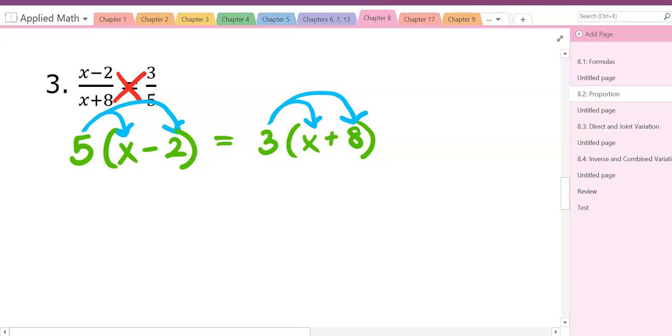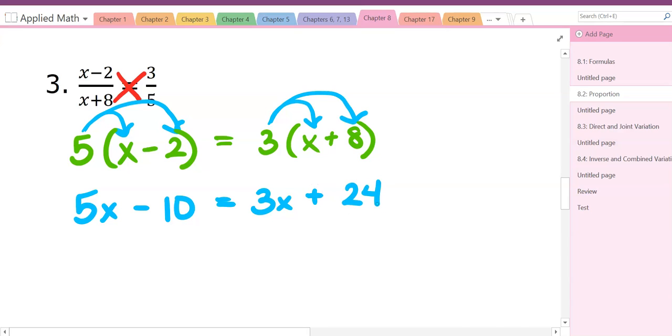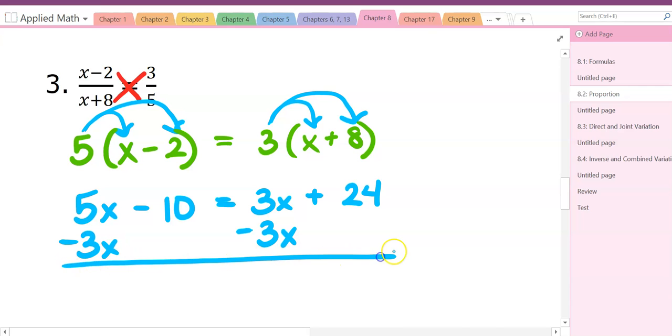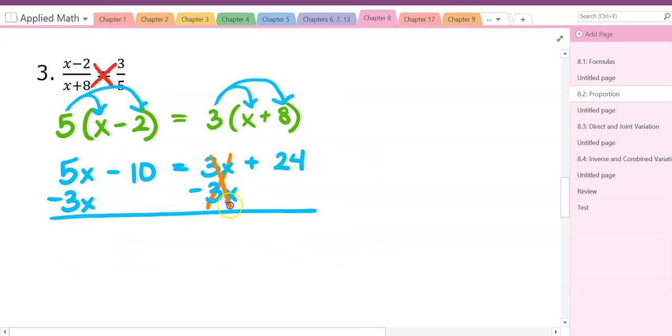So on the left side, after you distribute 5, what's it say? Five x minus 10. What does the right side say? Good, 3x plus 24. Now we have to get our x terms together and our numbers together. So what I would do is subtract 3x from the 5x. So you're going to have 5x minus 3x, which is 2x, minus 10 gets brought down, bring down your equal sign, bring down your 24.